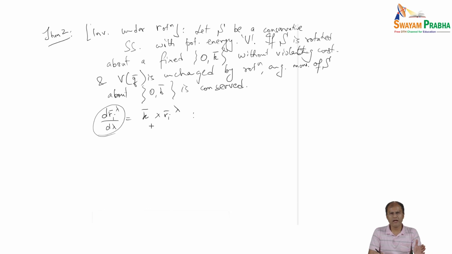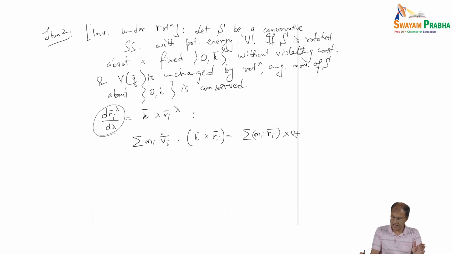We will directly state the result that summation m_i v_i dot times K cross r_i comes out to be summation m_i r_i cross v_i.